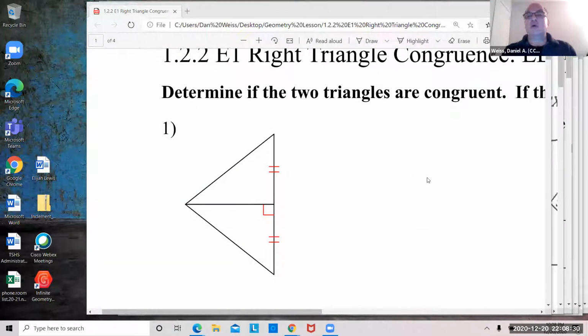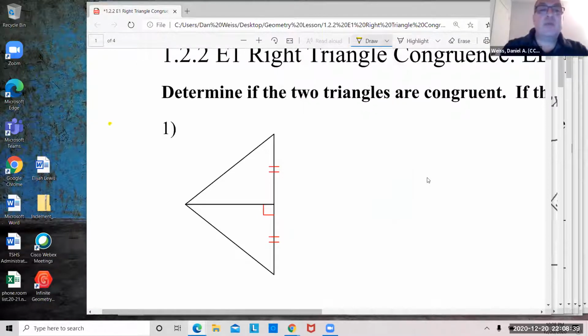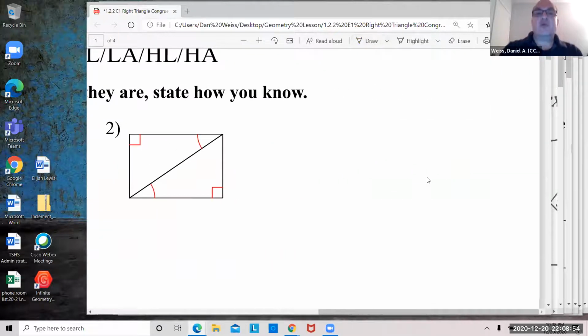Now, what if they're connected? So here, remember this piece here is part of both triangles, and that's a leg, right? It's connected to the right angle. So this one is going to be leg, leg, right? What about this one?